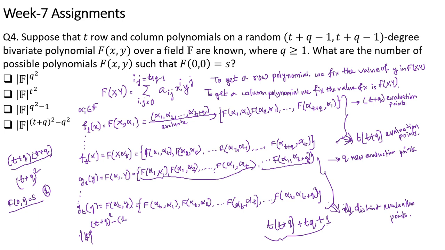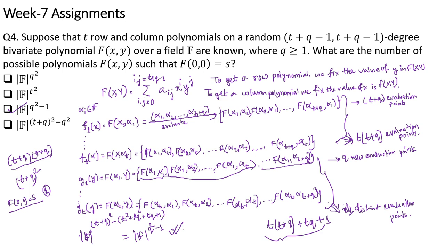So this is t into (t plus q), that is t square plus tq plus tq plus 1, and this gives us q square minus 1. So this is the answer. Hope this is clear.